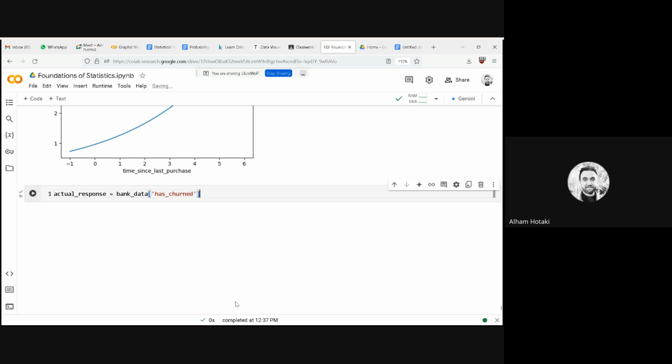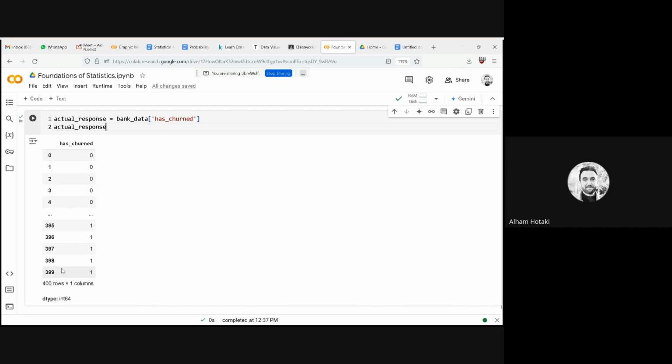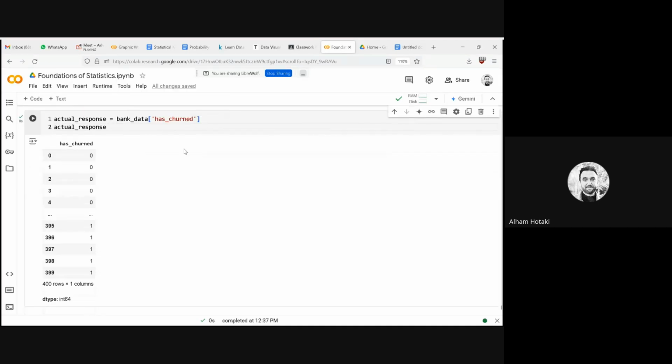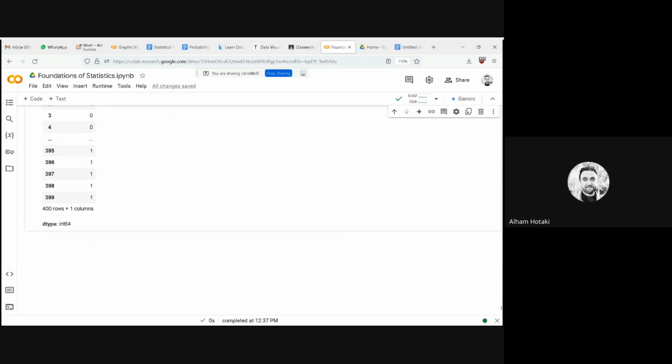So this is actually the list of actual responses. Almost 400 rows in this data set, and this is only the actual responses, so without prediction. So we just want to point that out separately. And then now let's see the predicted responses.